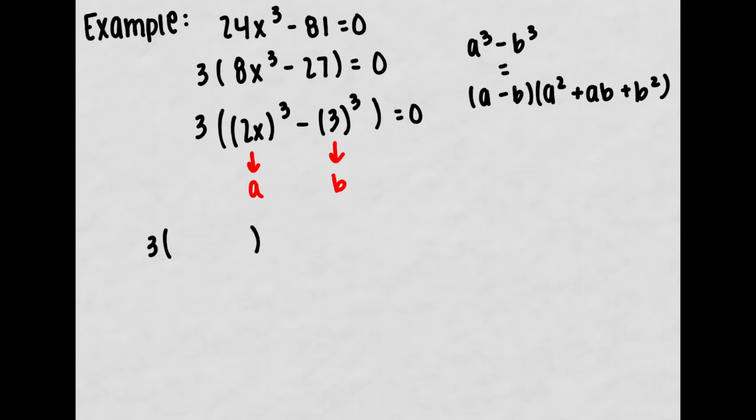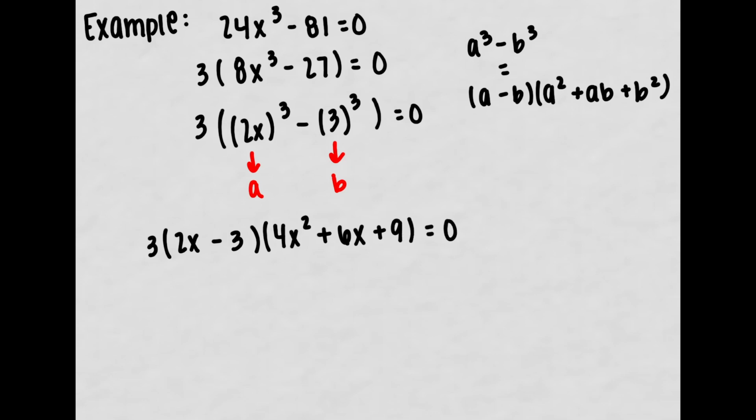In the first parentheses, I have a minus b, which would be 2x minus 3. In the second parentheses, I'm going to square a, so 2x times 2x is going to give me 4x squared. Plus, I'm now going to multiply a and b together, so 2x times 3 gives me 6x. Plus, I do b squared, which is 3 times 3, and I get 9. And it's still equal to 0.